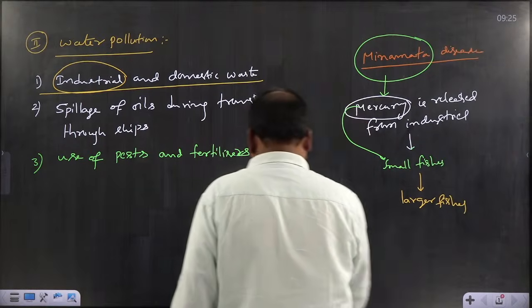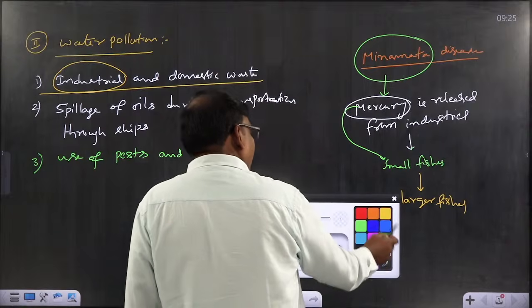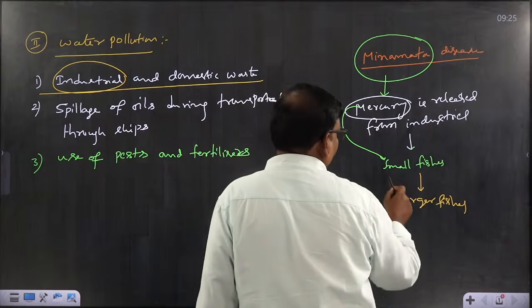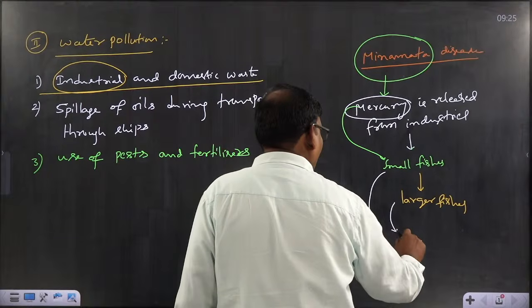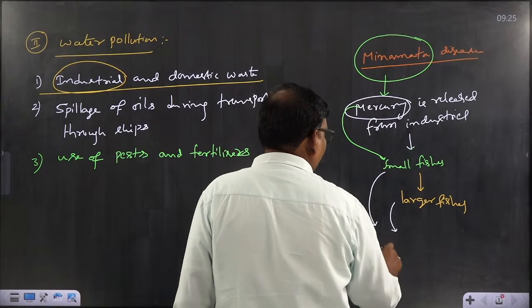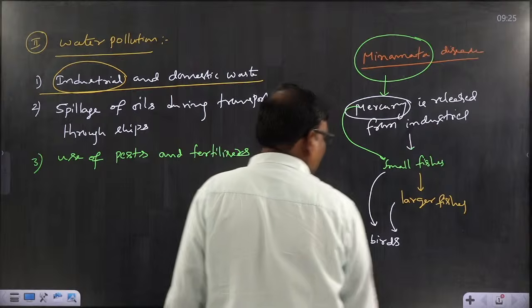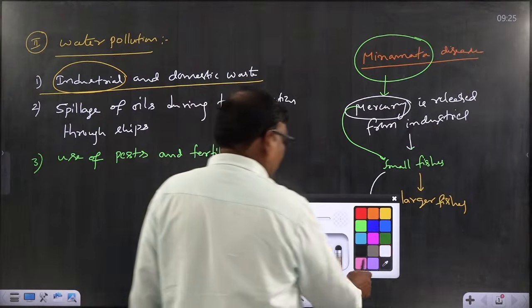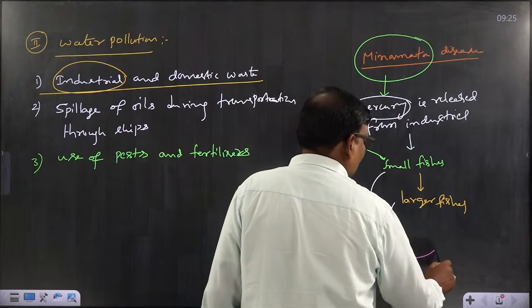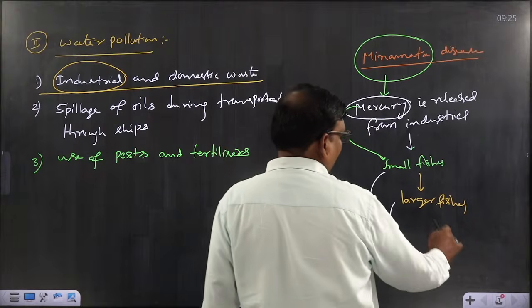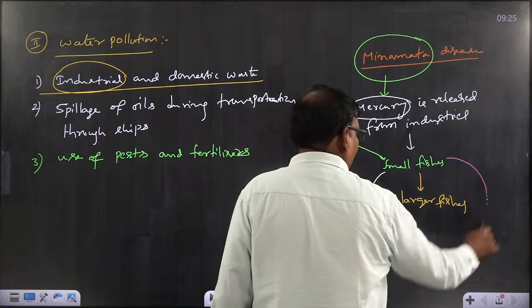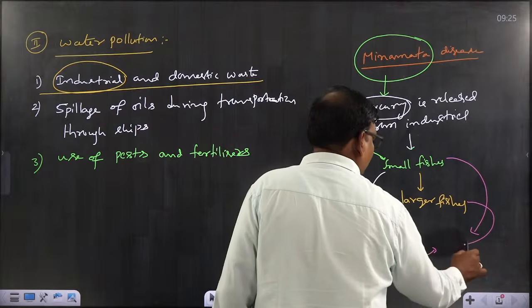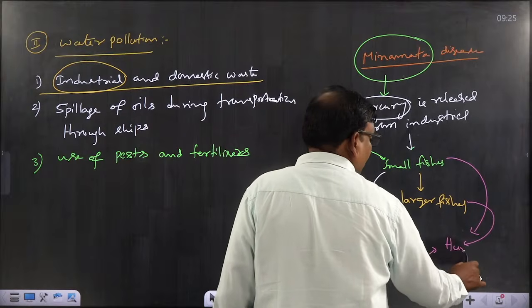After that, by entering the food chain, either small or large, it passes to birds. From the birds to the living system. So in that food chain, the fish is also eaten by human beings.